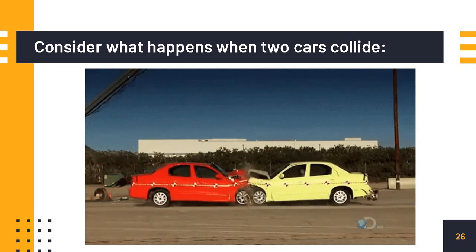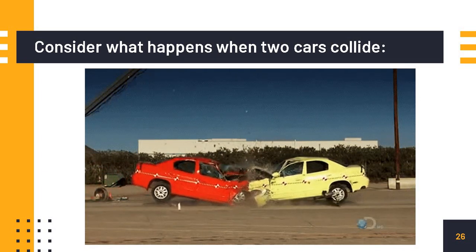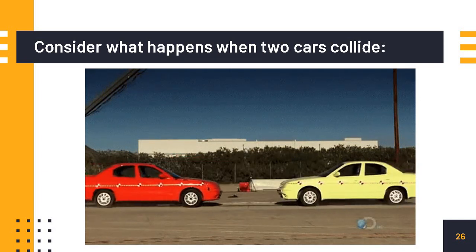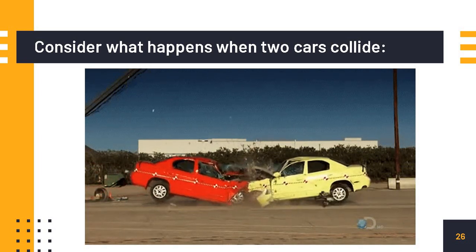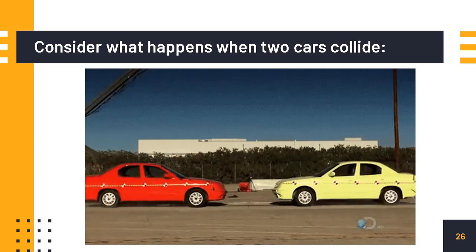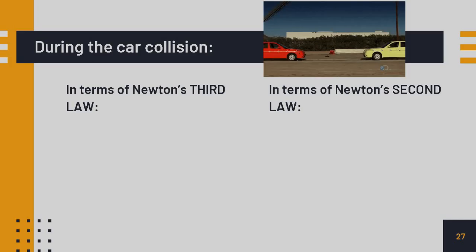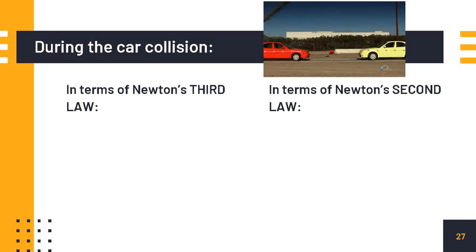Alright. Now, there are two possible ways that we can interpret what happens within this GIF. We can interpret that using Newton's third law and Newton's second law, so we can identify the distribution of the forces inside that system.